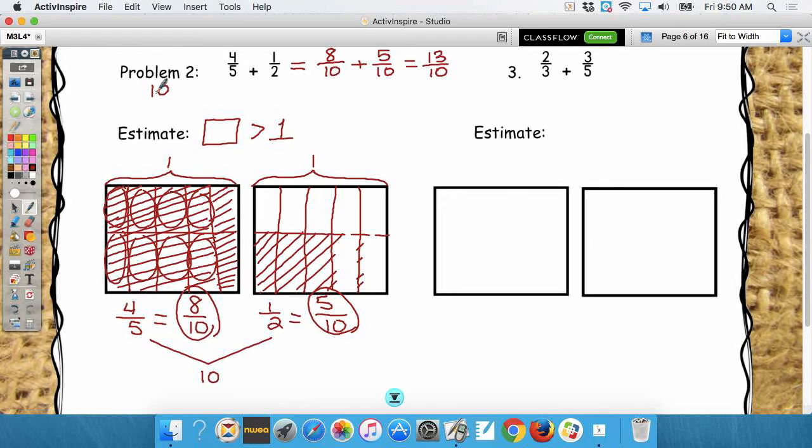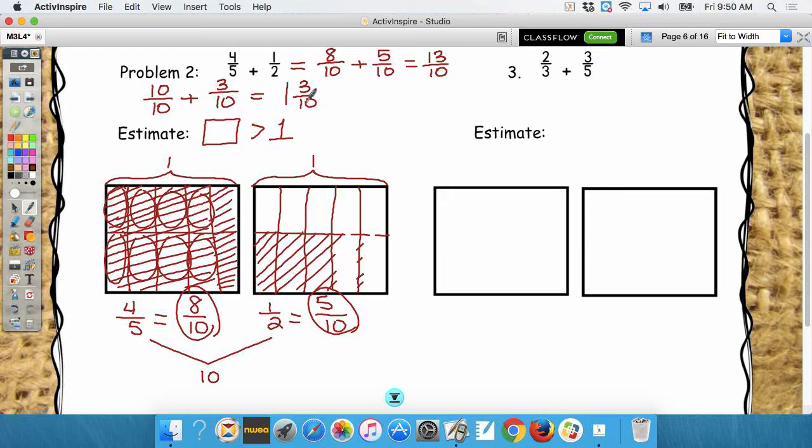So 10/10 plus, how many are left over? 3/10. And does that make sense because I had the number 13? Yes. 10 plus 3 is 13, okay? And that equals 1 and 3/10.